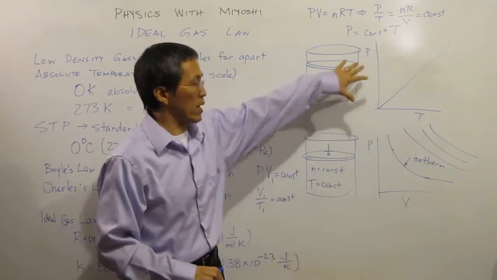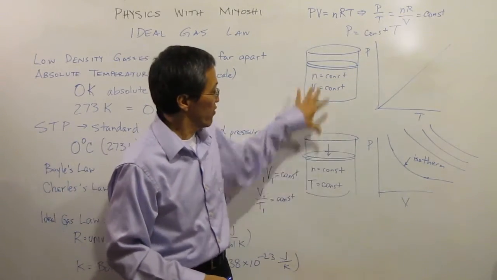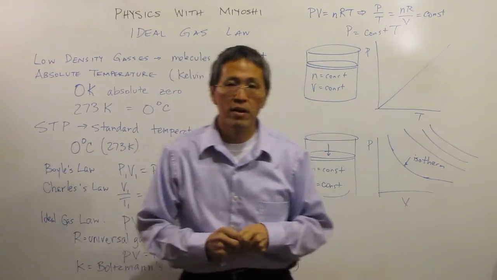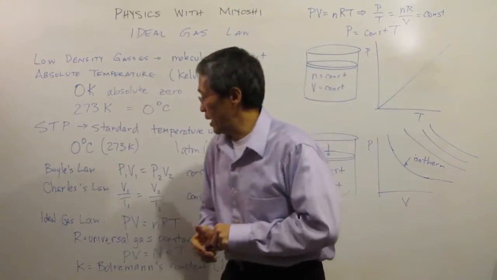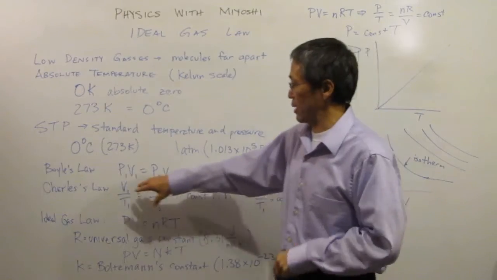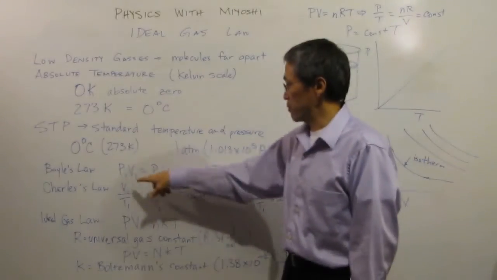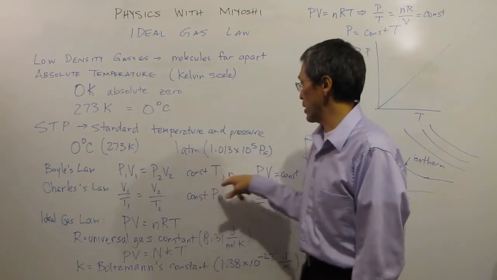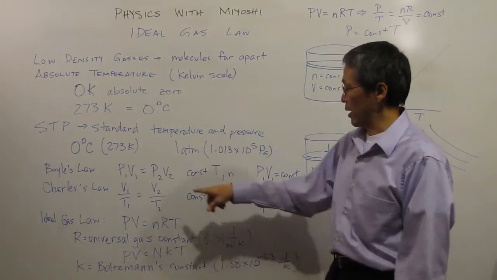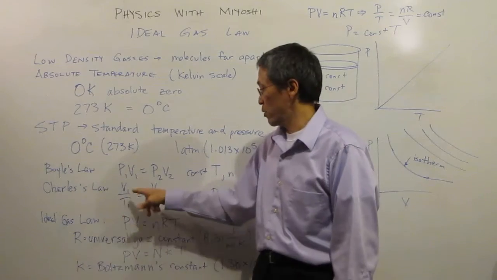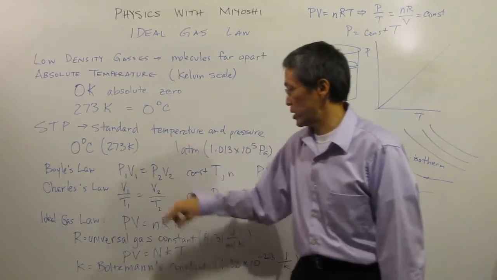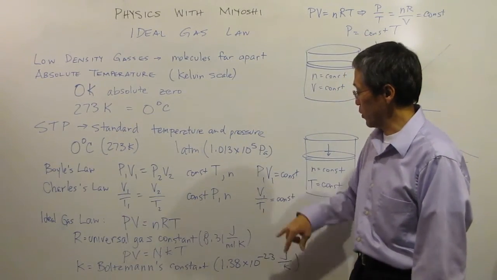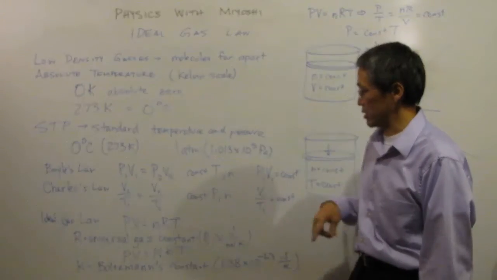So, a couple of fairly simple applications of the ideal gas law. The ideal gas law can break up into Boyle's law: P1 V1 is P2 V2, or PV is a constant. Same thing with Charles' law, where V1 over T1 is V2 over T2, or V1 over T1 is a constant.